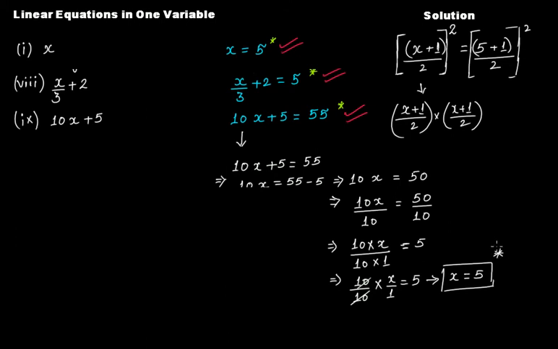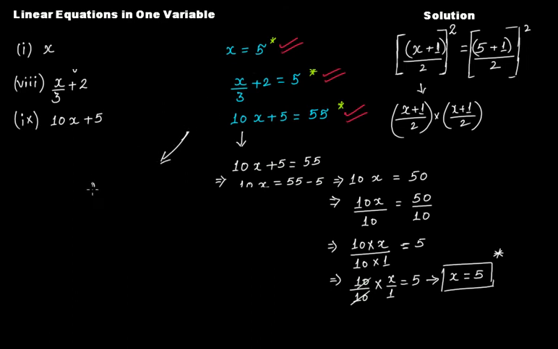This is the solution for this equation, because at x is equal to 5, this expression, that is 10x plus 5, becomes 55. This equation stands validated or is correct for this value of x, that is x is equal to 5. Therefore we say that x equal to 5 is the solution for this equation. Same thing can be done here.